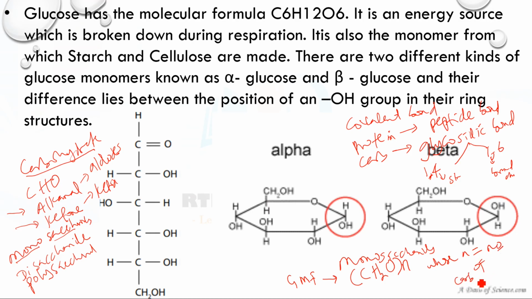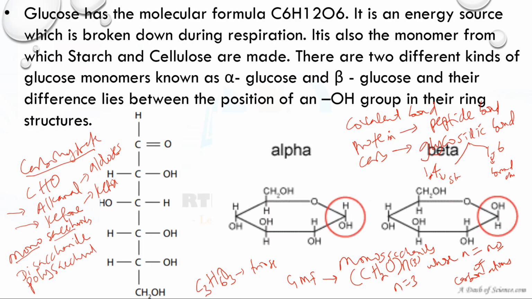Now this is very important. If N equals 3, you multiply out and you have C3H6O3. That's a triose sugar, triose.